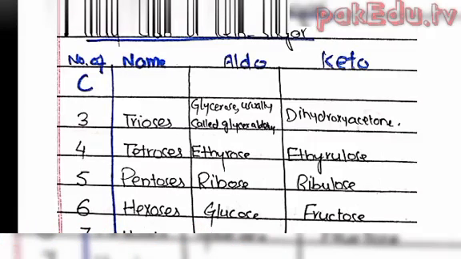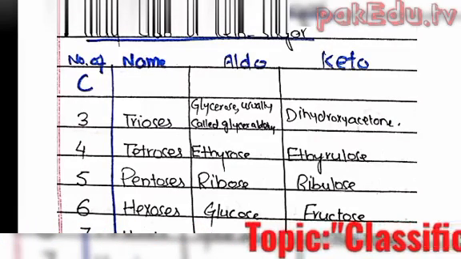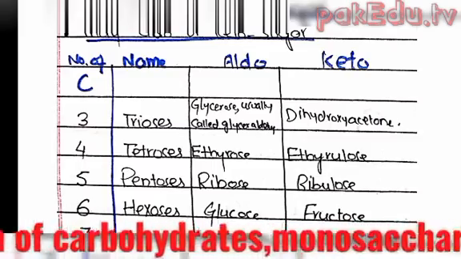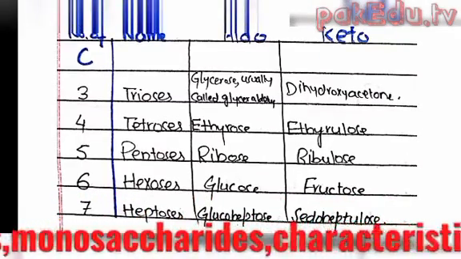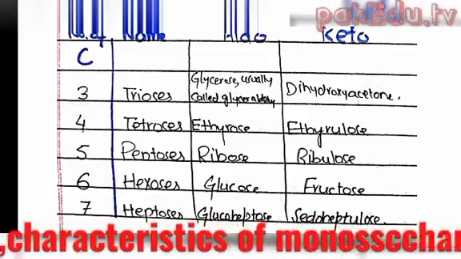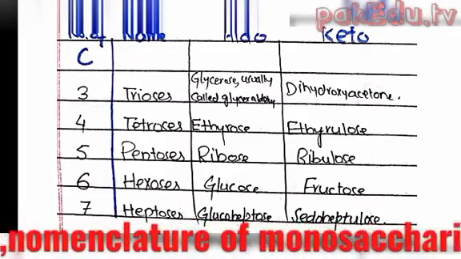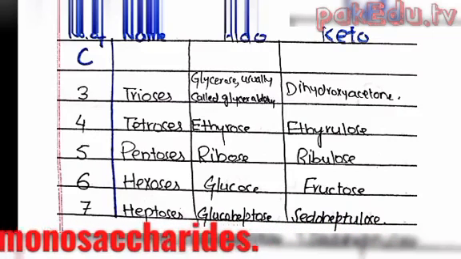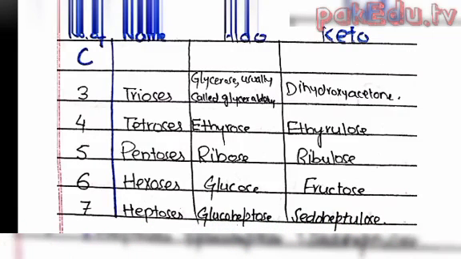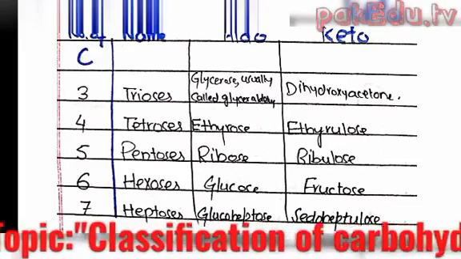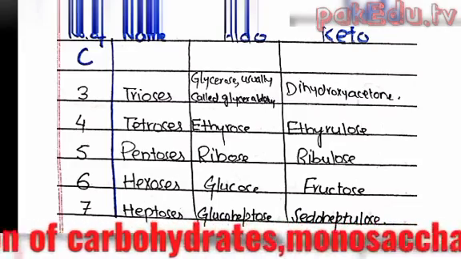For tetroses, the aldo form is erythrose, while the ketonic form is erythrulose. Next is pentose. The aldehydic form of pentose is ribose, while the ketonic form is called ribulose.